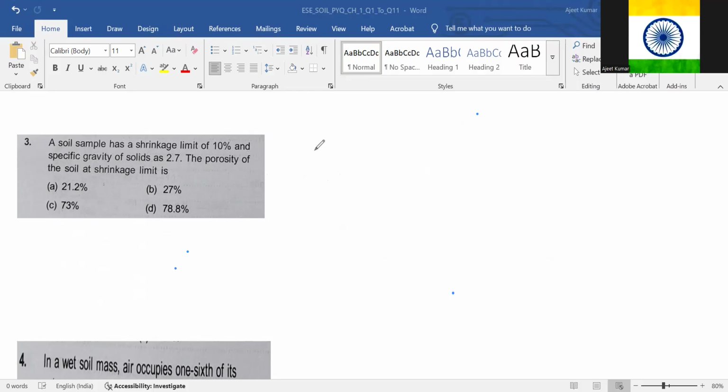The soil sample has shrinkage limit 10%, so shrinkage limit WS is equal to 10%, and the specific gravity GS is equal to 2.7. We need the porosity of the soil at shrinkage limit. At shrinkage limit, you can assume the soil as fully saturated.